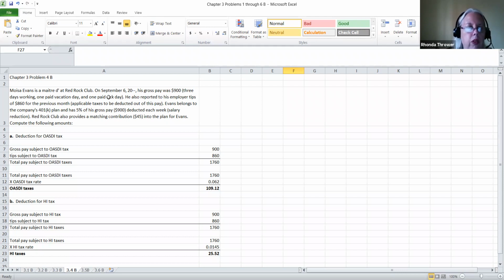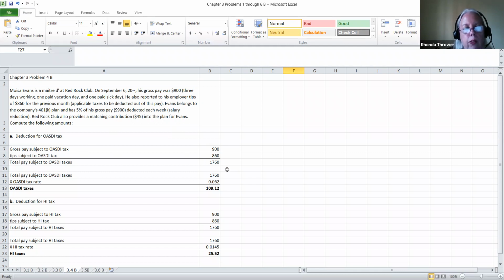This problem is done very similar to the way we did the other problem, the one that we just did. And they want you to figure out what the deduction for Social Security tax would be. The gross pay that was subject to Social Security tax would be $900. That was the part of his earnings, his days working, paid vacation, and sick day, plus his tips.